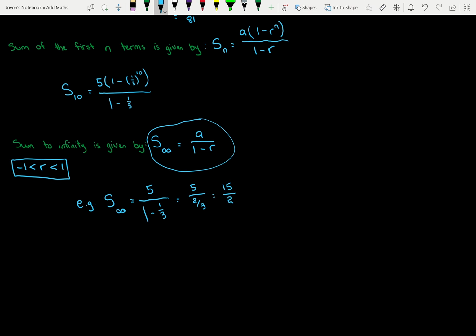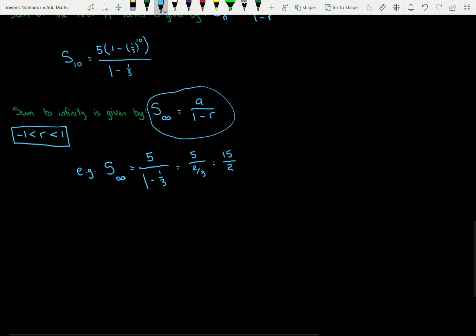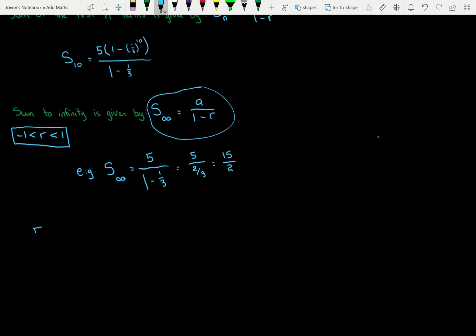So for this sequence, the first term is 5, the second term is 5 multiplied by 1/3, which is a times r. Then we have 5 multiplied by 1/3 multiplied by 1/3, which is 5 multiplied by 1/3 squared, and this would give you a r squared.